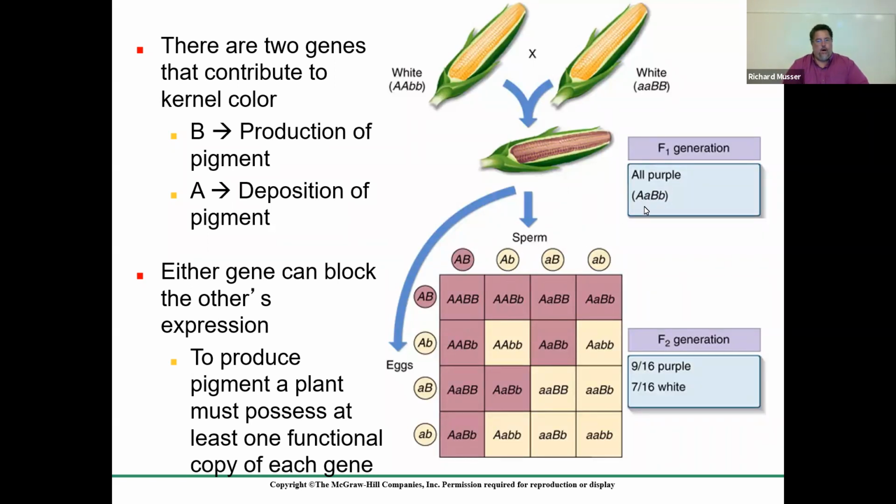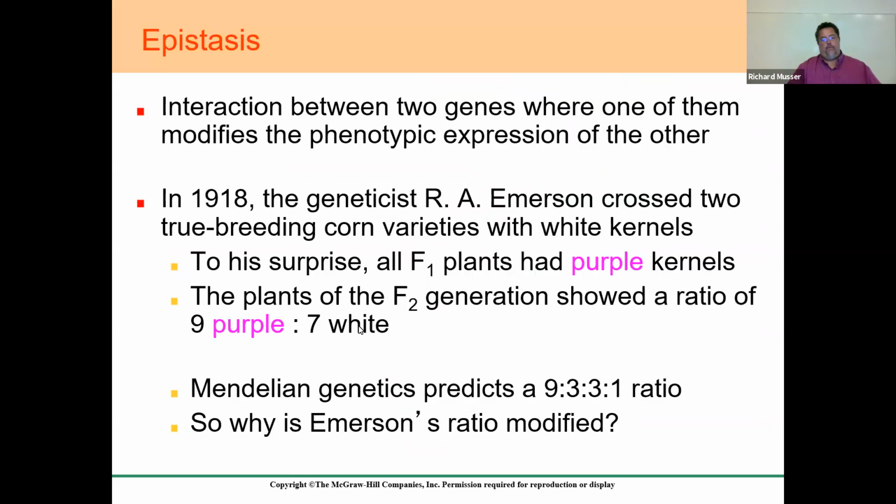So we come up with all the different possible gametes where we have big A, big B, big A, little b, little a, big B, little a, little b. And then we see the same possibilities on the left side for the eggs. It'd be pollen and so forth. We cross them together and we get these different combinations that results in this 9-to-7 ratio.